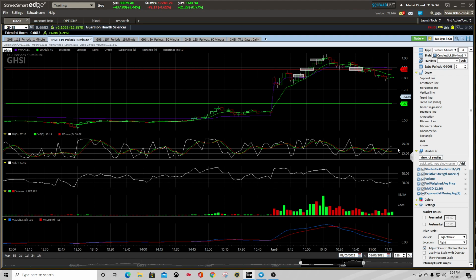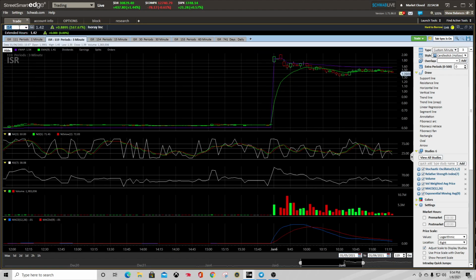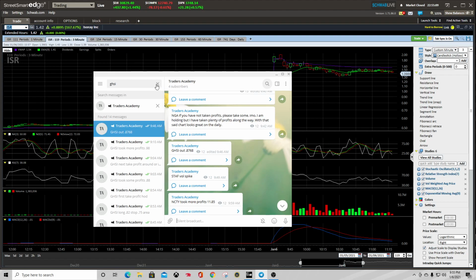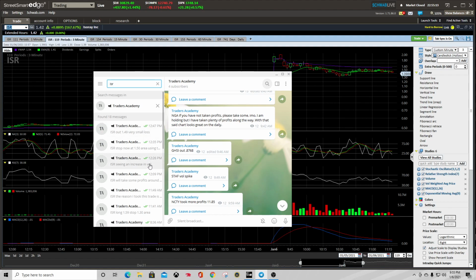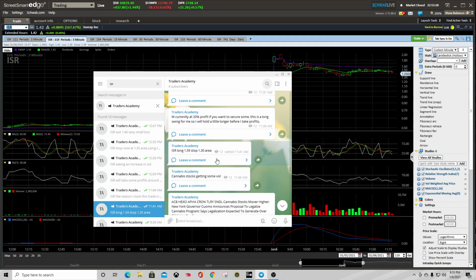So now let's go to ISR. This was another losing trade today. No surprise looking at the chart. Okay, ISR long 1.59, stop loss 1.30.